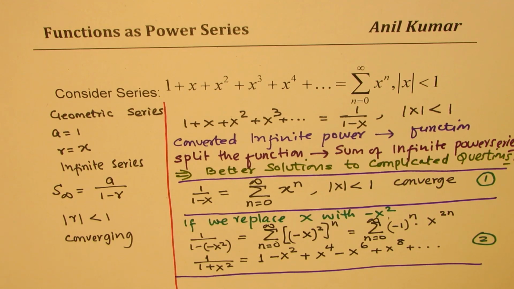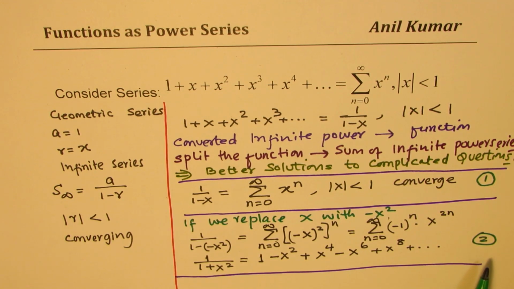Perfect. So we have worked out two series. One is 1 over 1 minus x, which could be written as the sum of infinite elements, x to the power of n. The other one is 1 over 1 plus x squared. And here we have 1 minus x squared plus x to the power of 4 minus this. And that is our second series, right?